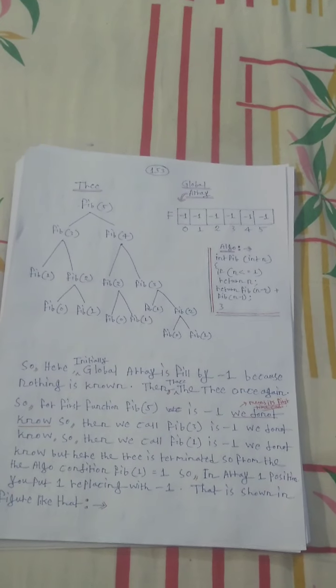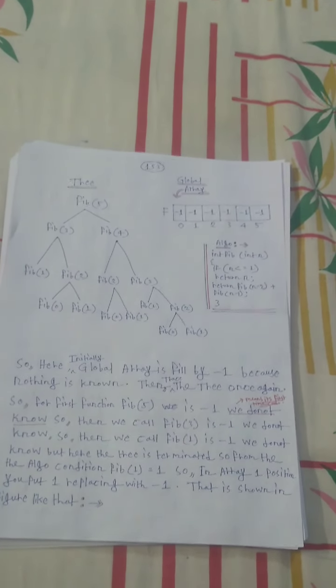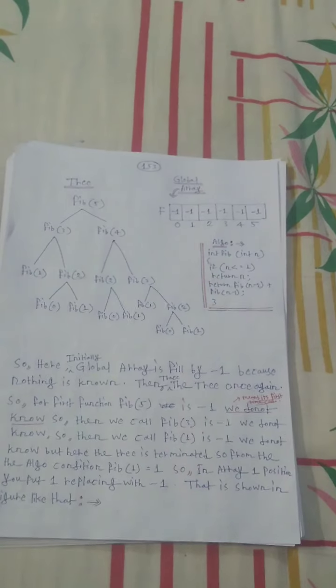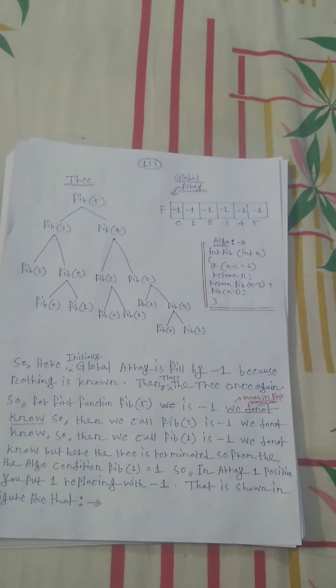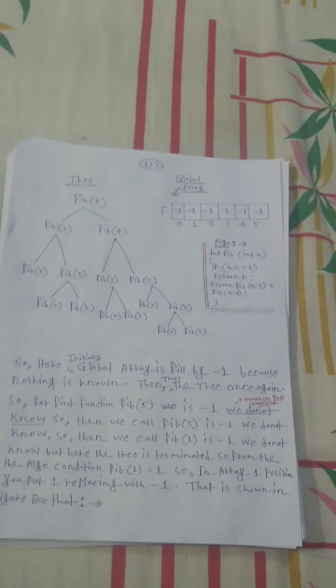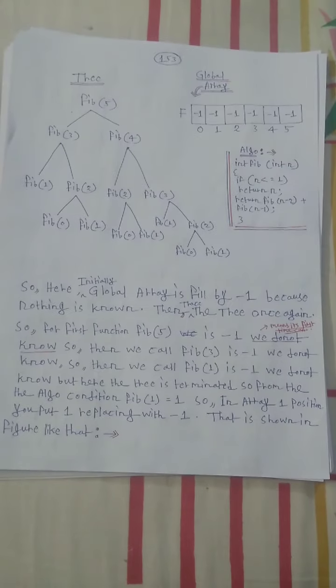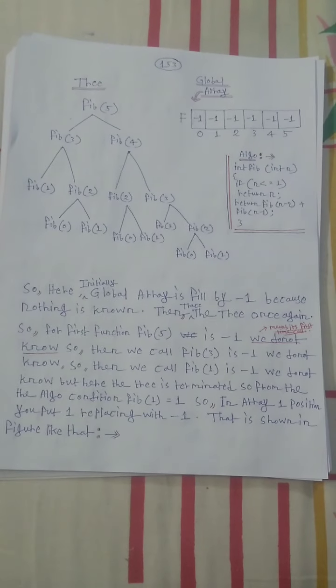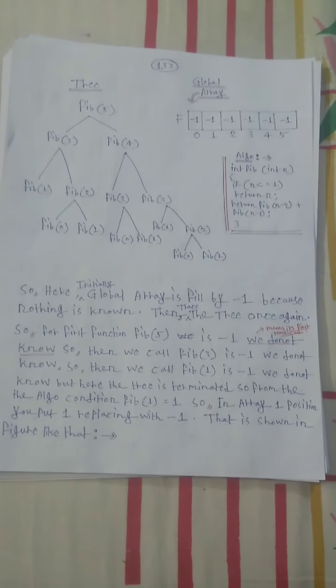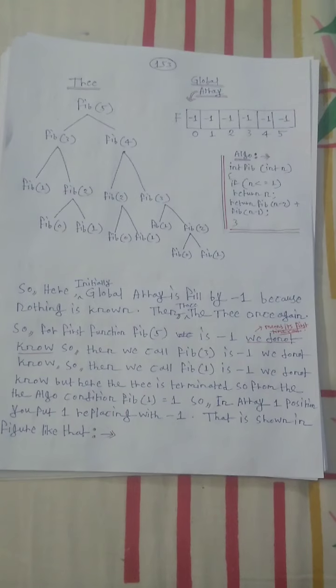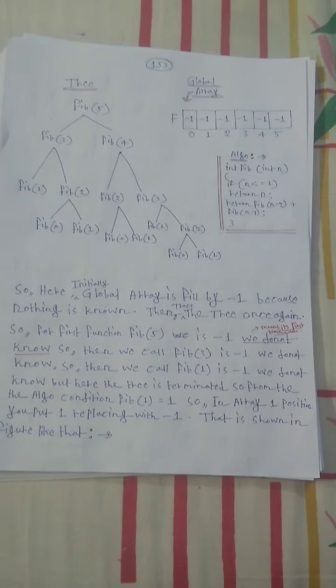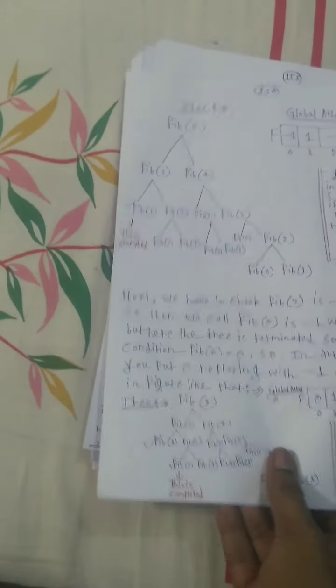It is the first time, so we do not know, and we call fib 3, which is also -1, and then we call fib 1, which is -1, we do not know. But here the tree terminates. From the algorithm condition fib 1 is 1, so in array position 1 you put 1, replacing -1, as shown in the figure.